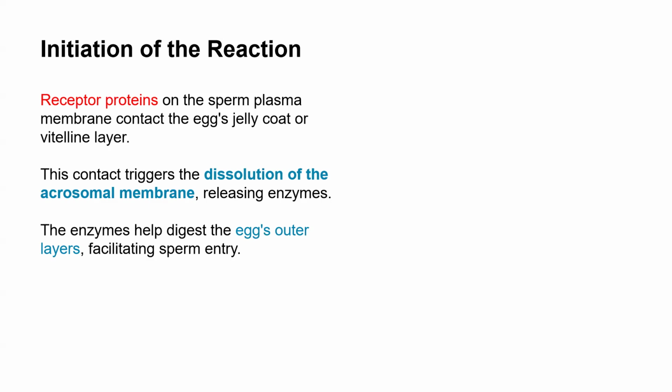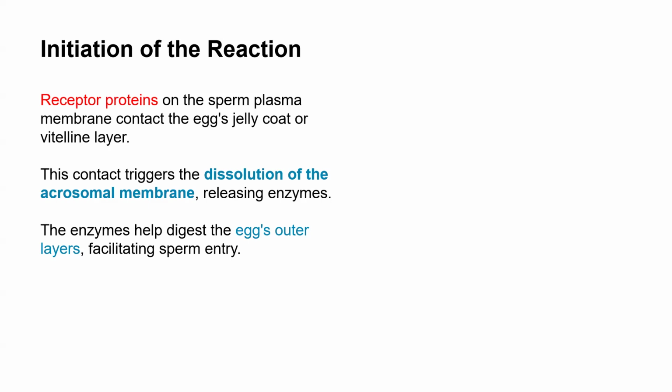So after the dissolution, that is the opening of the acrosome membrane, two enzymes are very important, which help to digest the egg's outer layers. These enzymes are hyaluronidase and proteases, because the egg's outer layers, especially the zona pellucida, are highly rich in hyaluronic acid and protein.